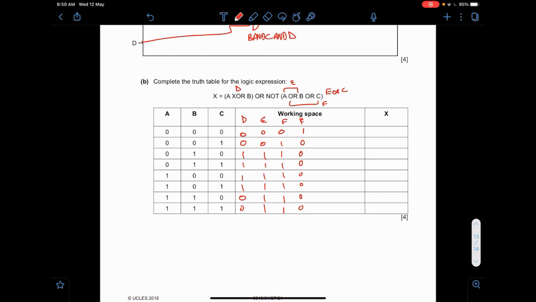Okay, so we have arrived here. Now we're going to do D or F. So 1 0 1 1 1 1 0 0, right? So this is how our logic gate turns out to be. So our answer is 1 0 1 1 1 1 0 0.